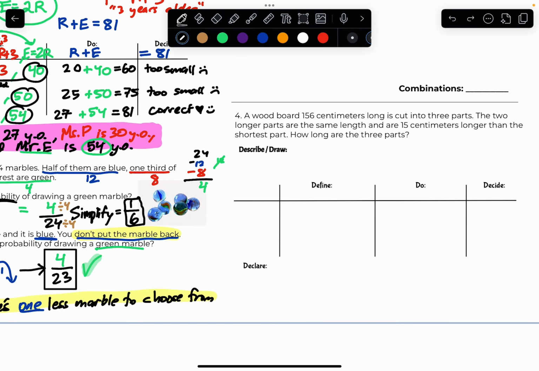All right, it says a wood board is 156 centimeters long, and it's cut into 3 parts. Ooh, that's tough. Okay, so I'm going to draw this. There's 156 centimeters long, and it's cut into 3 parts. It says the 2 longer parts are the same length.